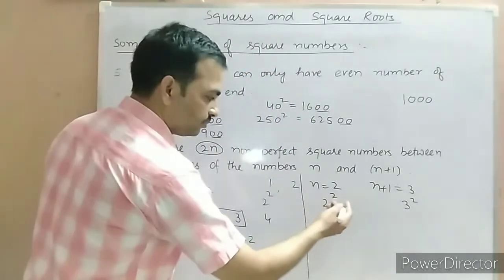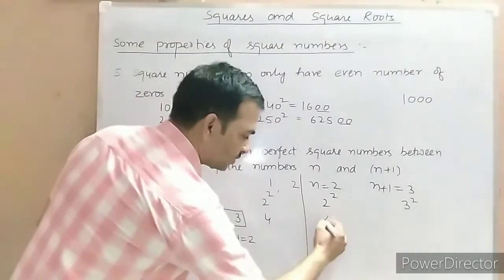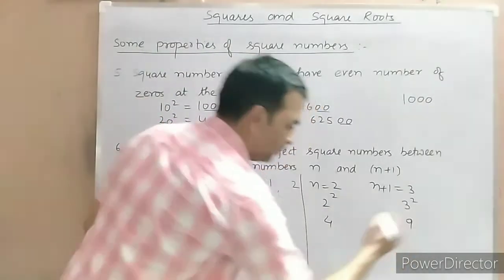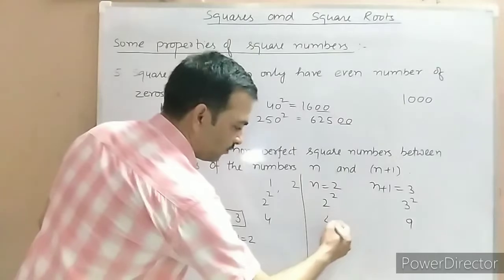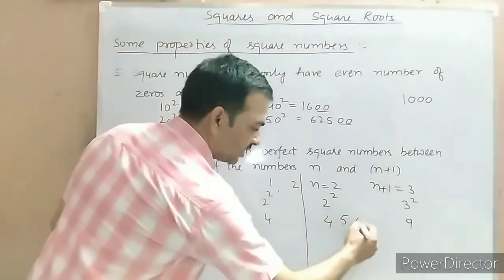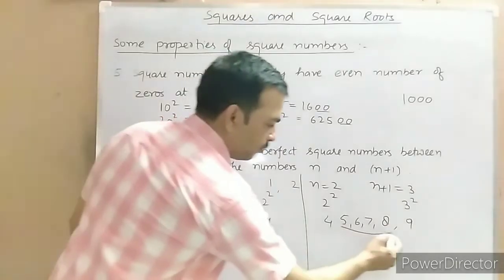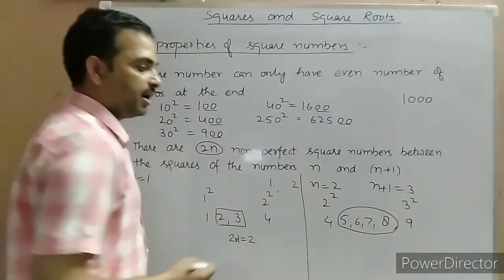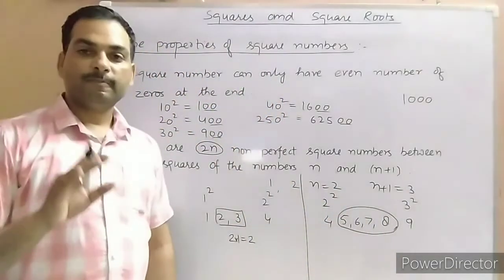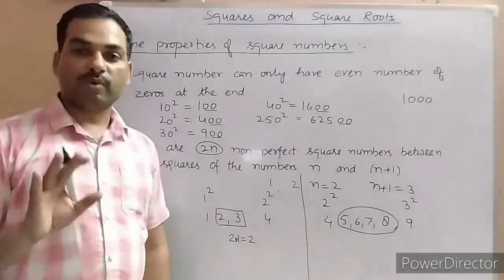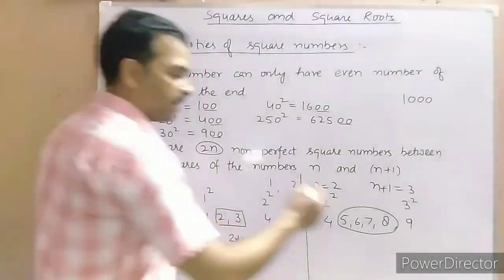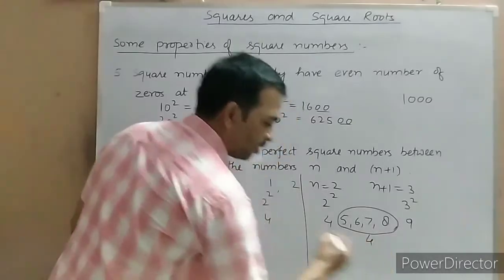We can write 2 square as 4 and 3 square as 9. So 4, 5, 6, 7, 8. There are 4 numbers in between, and these 4 numbers are non-perfect square numbers.